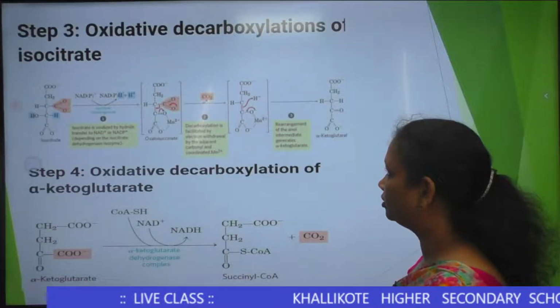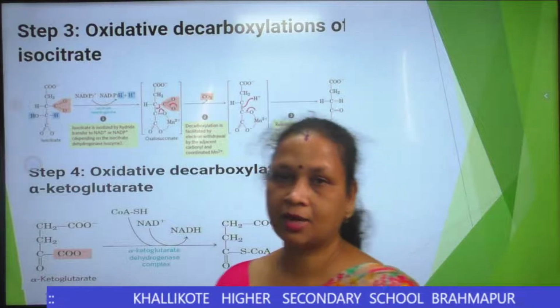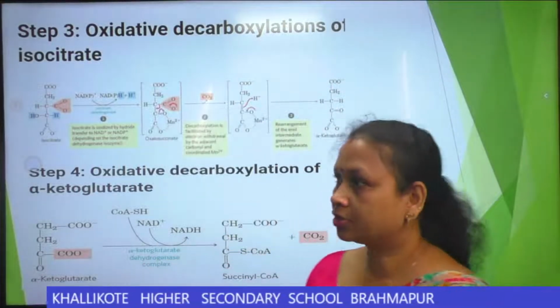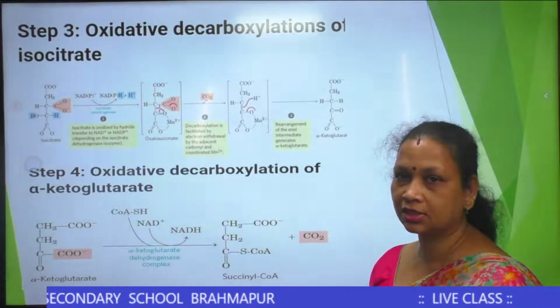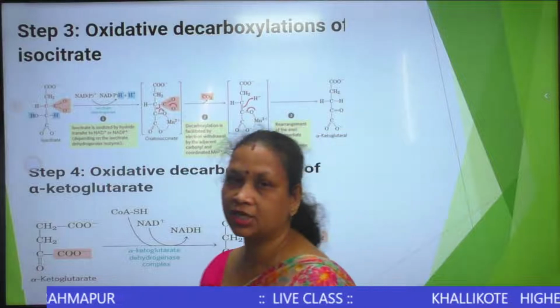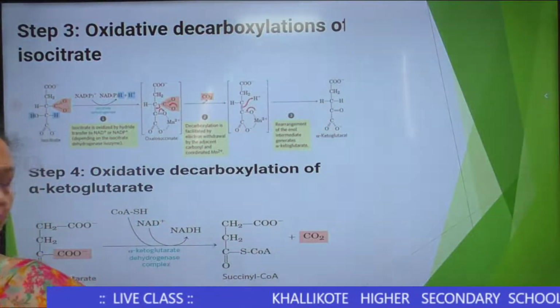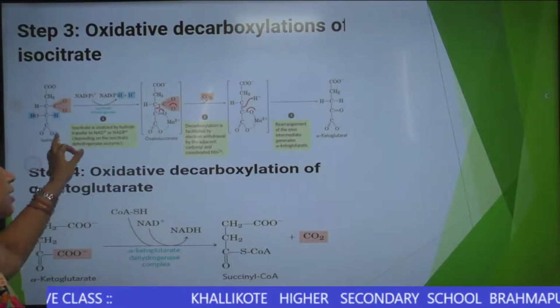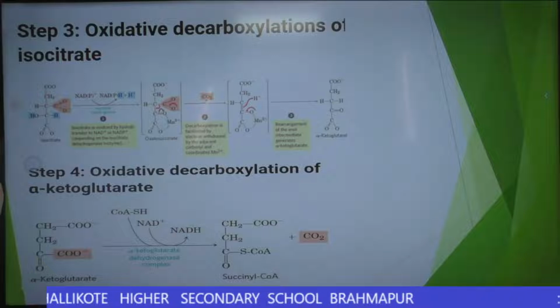In the third reaction we can see it is oxidative decarboxylation again. The first reaction was oxidative decarboxylation when acetyl coenzyme A was formed. Again we have an oxidative decarboxylation reaction, in this case oxidative decarboxylation of isocitrate.